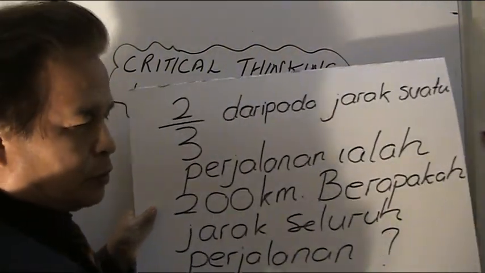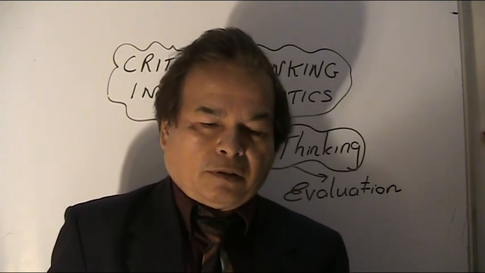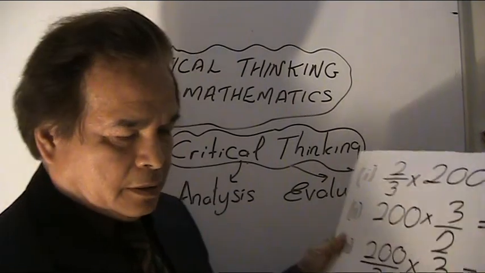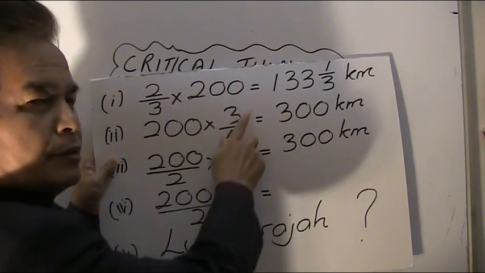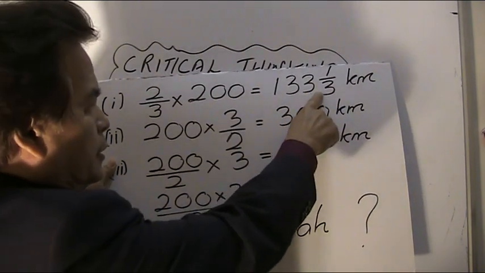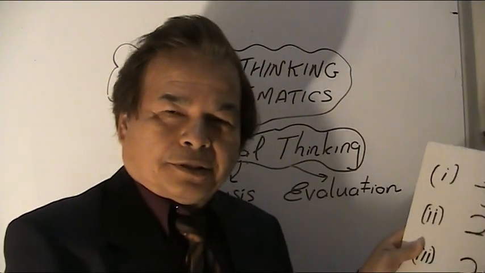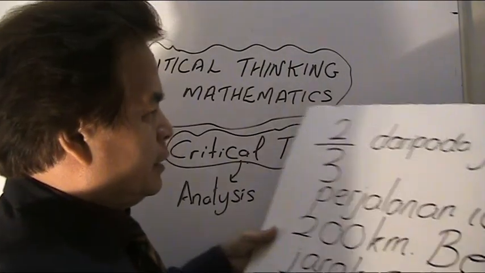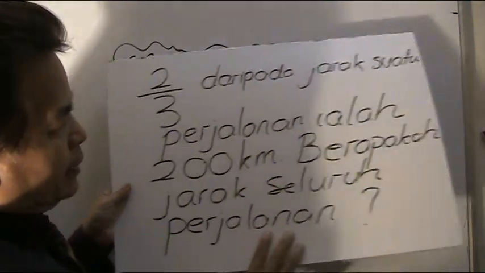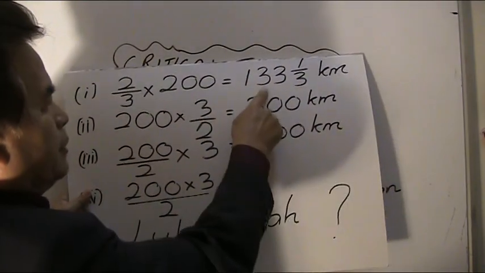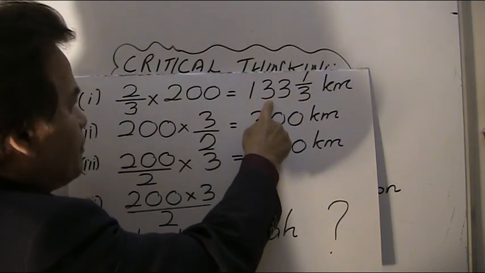If a student does not know critical thinking or mathematical thinking, he or she will jump to a conclusion that 2/3 multiplied by 200, which is 133 and 1/3 kilometers, which is ridiculous, because 2/3 of the journey is 200 kilometers, and the whole journey seems to be less than 2 parts of the journey.